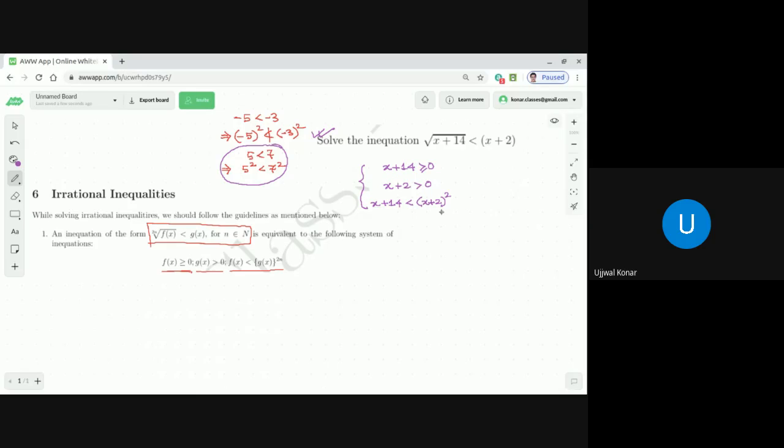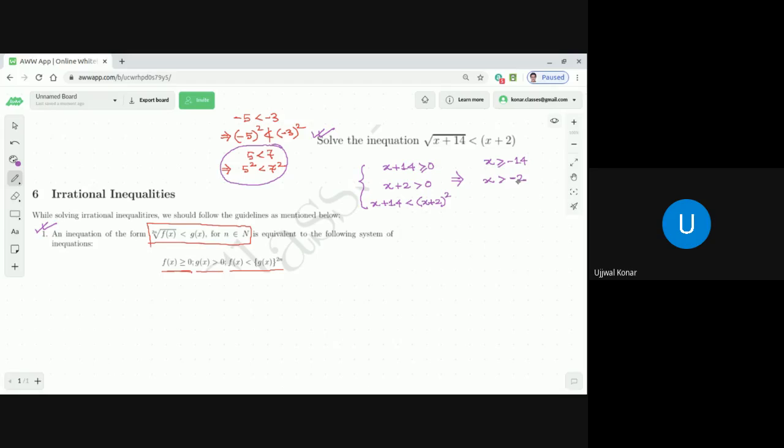There is no confusion because we have this guideline here. So from here, what are we going to get? Now, this implies x is greater than or equal to minus 14. Then the second one is coming, x is greater than minus 2.